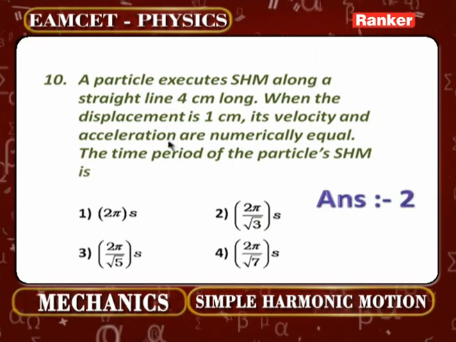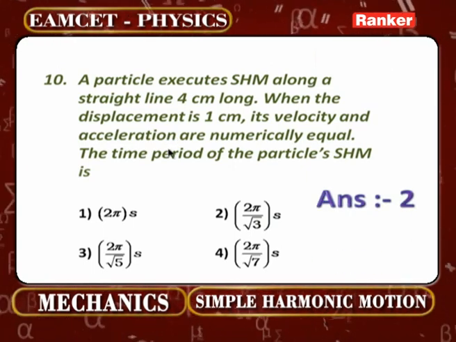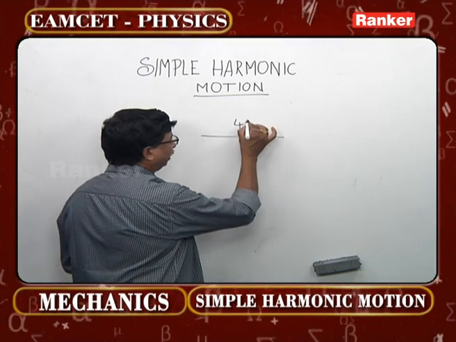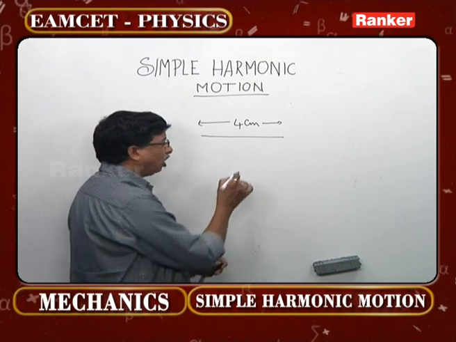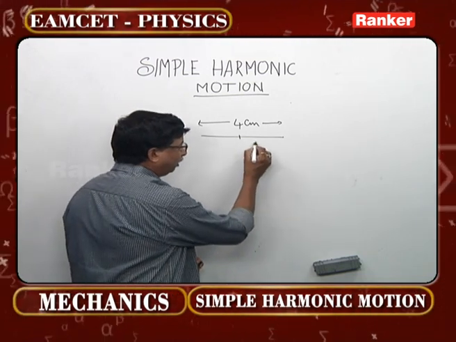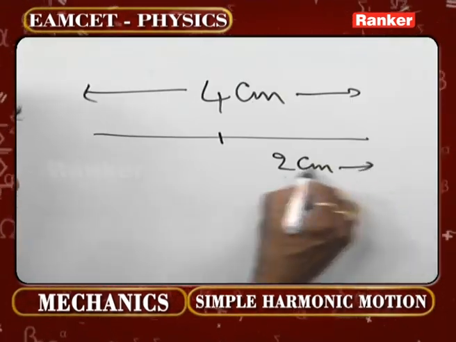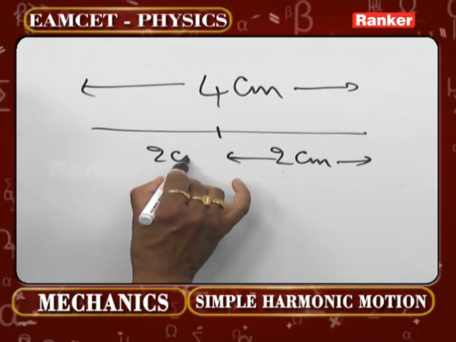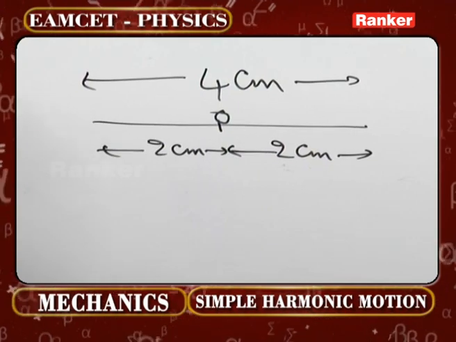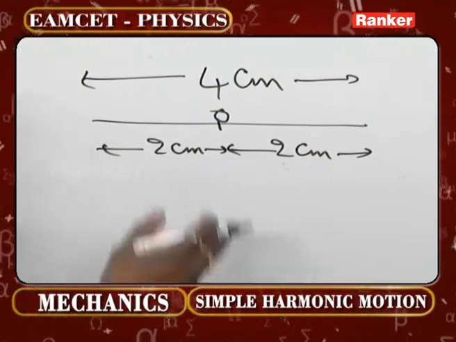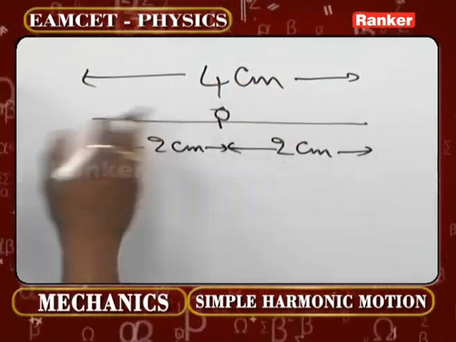One thing you should understand, 4 centimeter long, that is what has been given. 4 centimeter long means you should understand that 2 centimeter on either side the body used to oscillate, this being the mean position of rest. So this should be 0, this side 2 and that side 2.